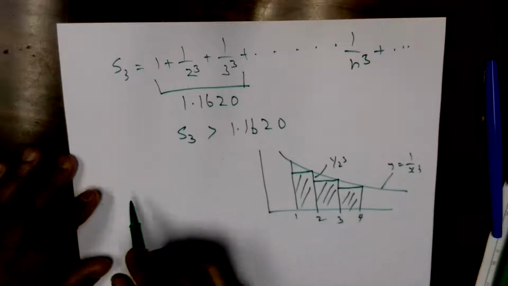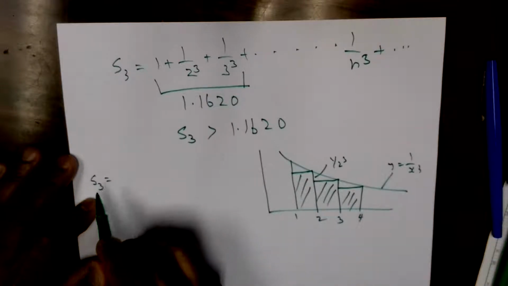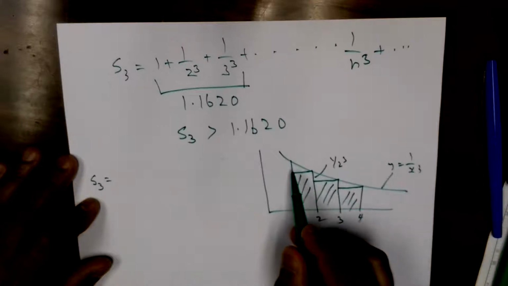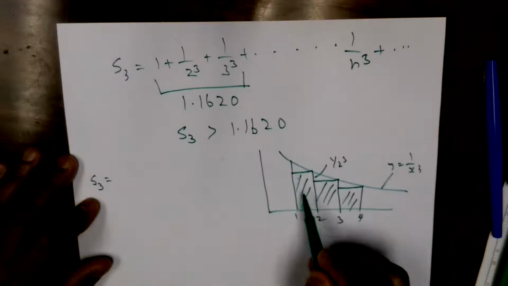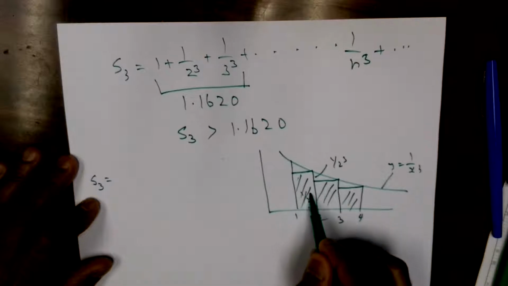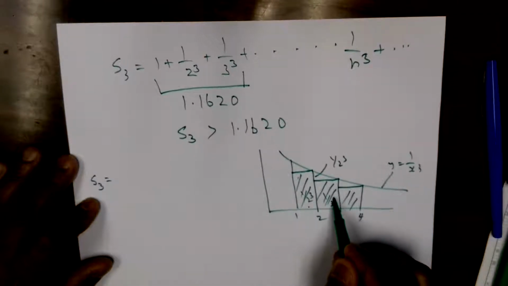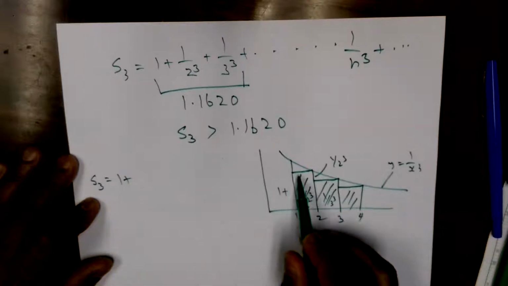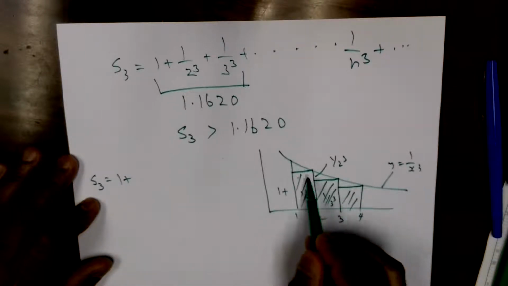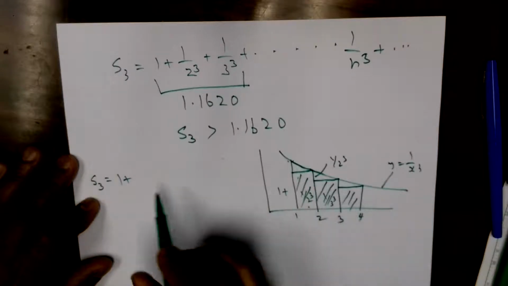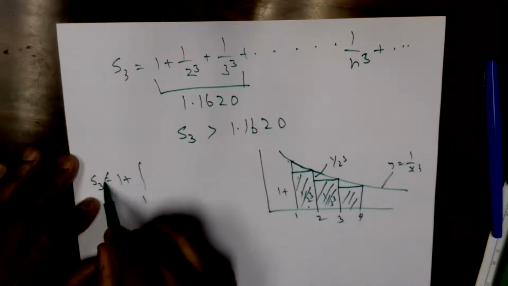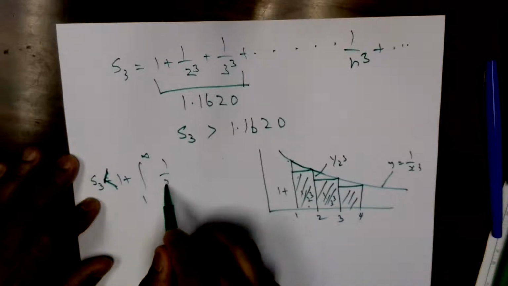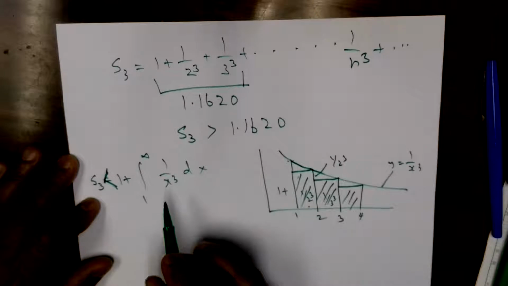From this graph, we know that this area gives you 1 over 2 cubed, this is 1 over 2 cubed, this is 1 over 3 cubed, etc. So S3 is 1 plus these areas, but these areas are less than the integral from 1 onward, the area under the graph.